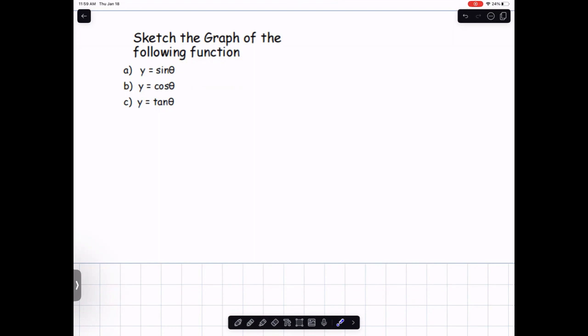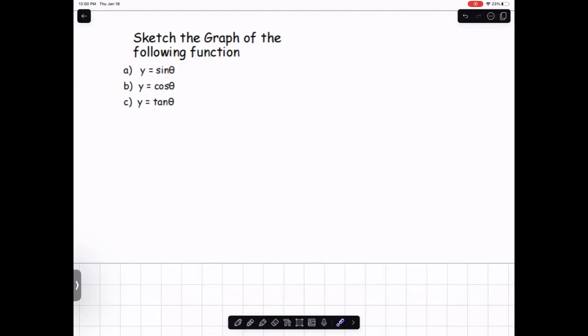These are the graphs we'll be sketching. And after sketching, you should be familiar with this pattern of graphs. You should have a full knowledge of how the sine graph looks, how the cosine graph looks, and how the tan graph looks.